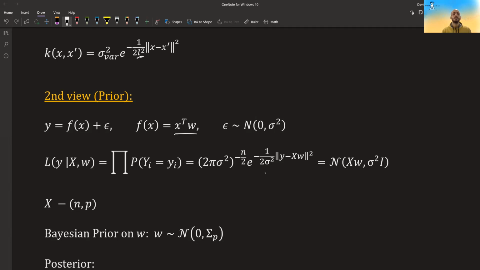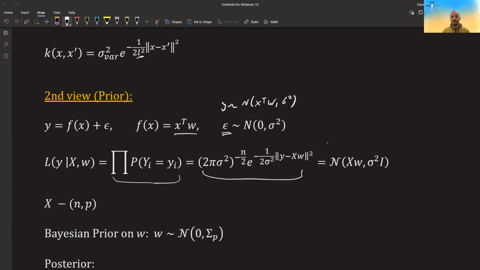Okay, so what will be the likelihood of our model? Assuming that we have some noise term, epsilon. Now y is distributed normal with mean x transpose w and variance sigma squared. And if we want to know the likelihood of our data, we just take the product of all of our PDF points, which will be this thing over here.